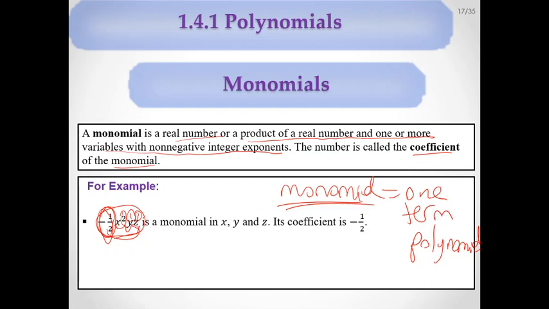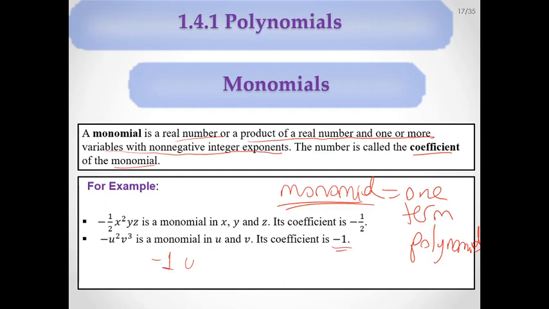So the coefficient of this one is obviously -1/2. And when you look at this one, we have this negative, but this negative means -1. So you can view this one as -1 times u squared times v cubed. So this is the coefficient of it.